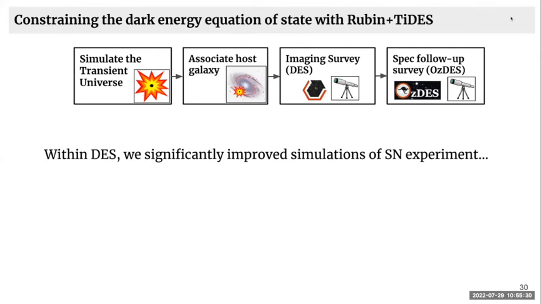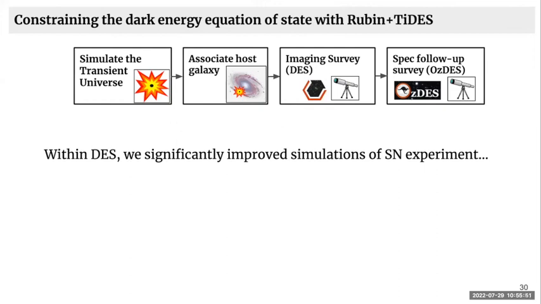Please continue. So, this simulation framework that I've been talking a lot about, and that has been the foundation of our analysis, can be very easily applied to LSST and spectroscopic follow-up surveys like TiDES.